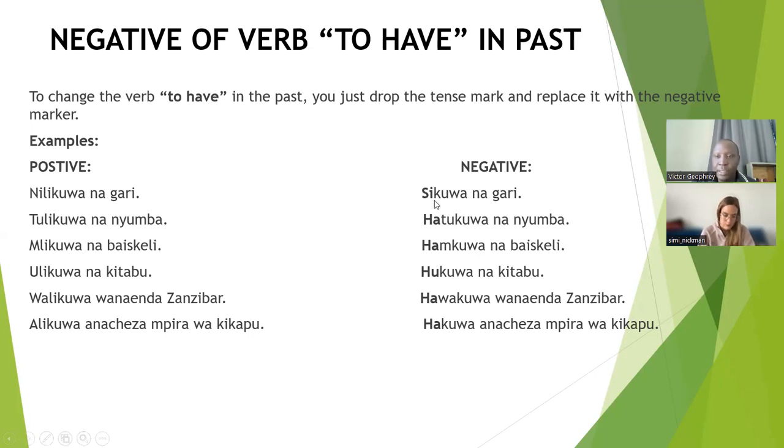Get it? So nilikuwa na gari, sikuwa na gari. You cannot say silikuwa na gari. It's not acceptable. You say sikuwa na gari. So this si stands for both the pronoun and the tense marker, specifically for the past tense.